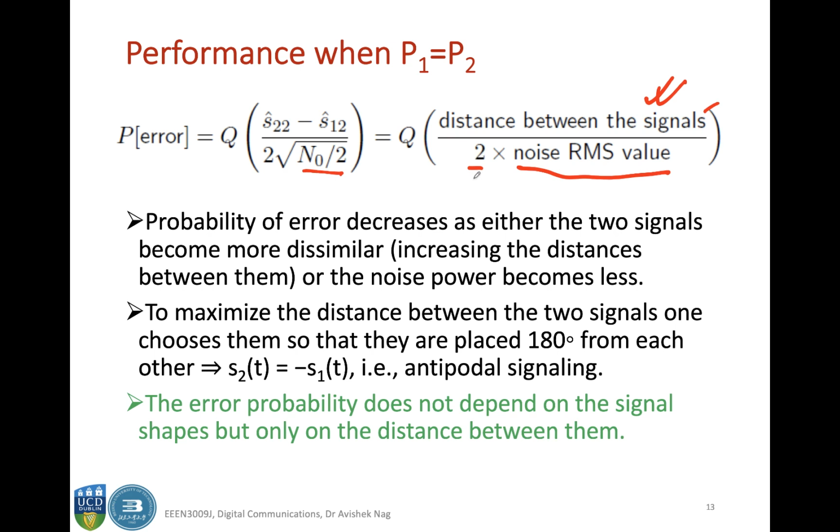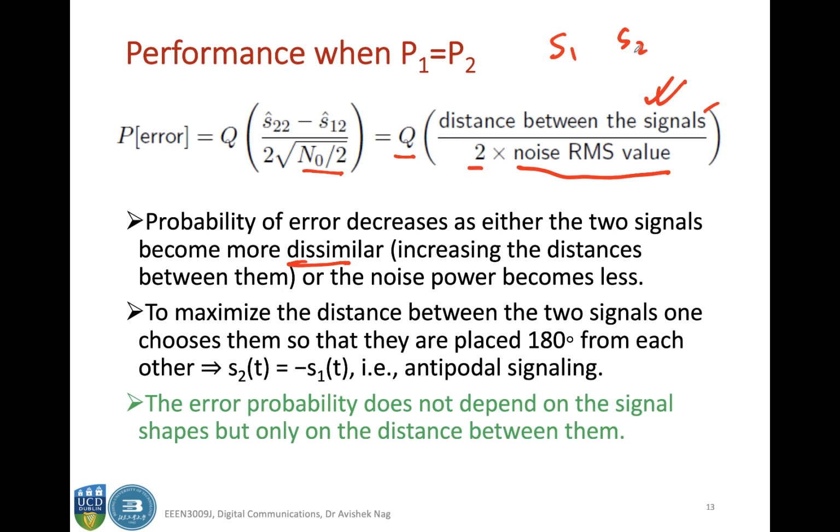This is for a binary communication where you have two signals S1 and S2, and it says that the probability of error just depends on how far the two signals are, or how dissimilar the two signals are.